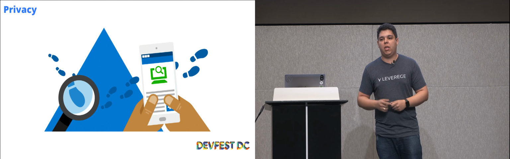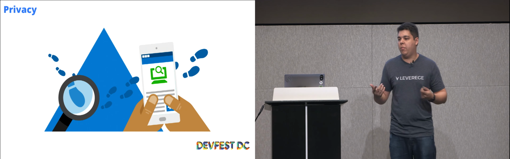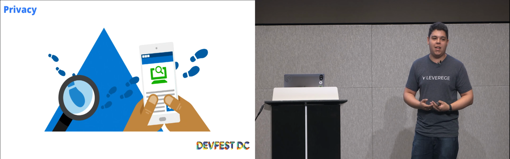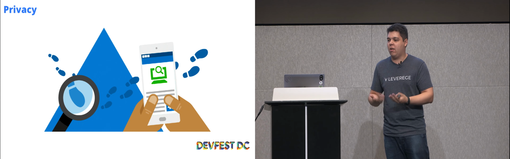So first thing, privacy. Let's say that we want to keep track of how many people are inside of a building. We can spread a lot of cameras and send the videos and images to the cloud because we have a lot of processing power there. But we are going to have huge problems because we are saving user data. And in the end, it's not what we want. We just want to know how many people are inside of a building.